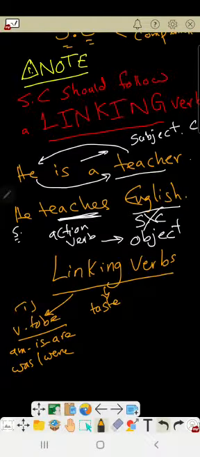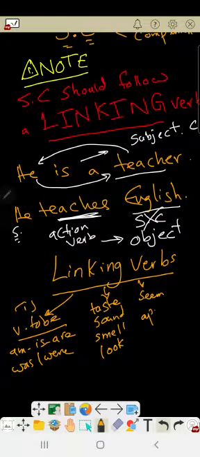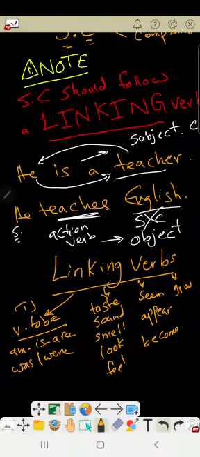These verbs are related to the senses: taste, sound, smell, look. We also have seem, appear, become. You can add here feel. So these are linking verbs. You can also add the verb grow as a linking verb. This is the list of linking verbs. Other than this is not going to be a linking verb. It's going to be an action verb.